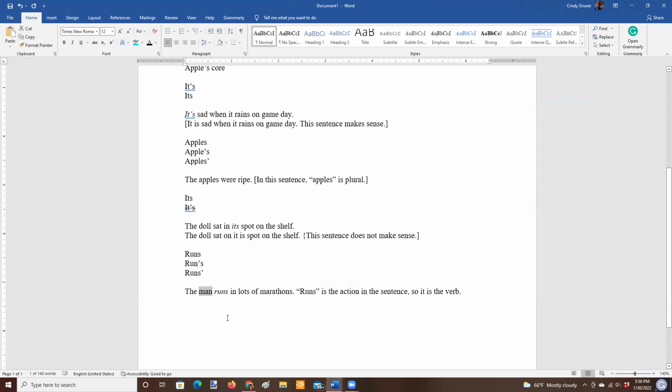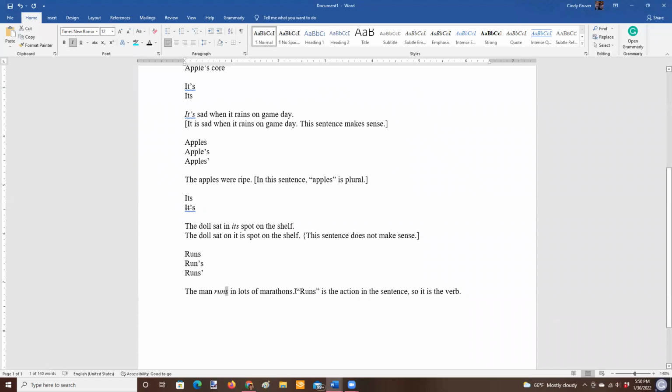There's just one of them. We know there's just one because if there was more than one, we would say men, M-E-N. And so you would expect when you have a singular subject that your verb would have an S at the end of it. We don't say the man run, the dog run. We say the man runs, the dog runs.